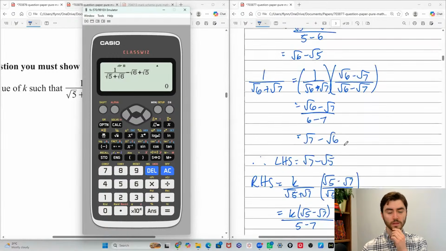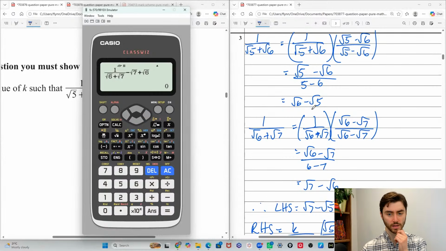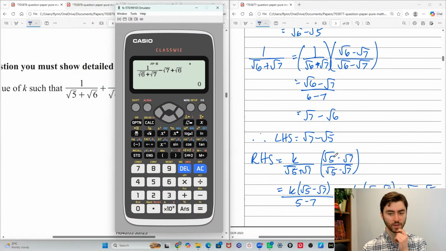Good. So let me check this next part. 1 over root 6 plus root 7. If I subtract root 7 and add root 6, I get clean 0. So that is correct. If I add these together, the left-hand side is root 7 minus root 5.